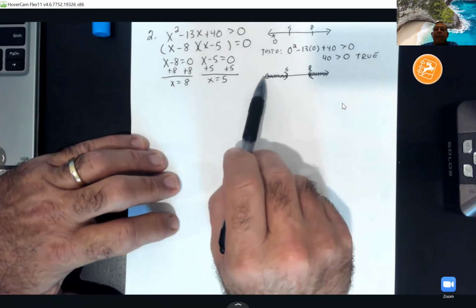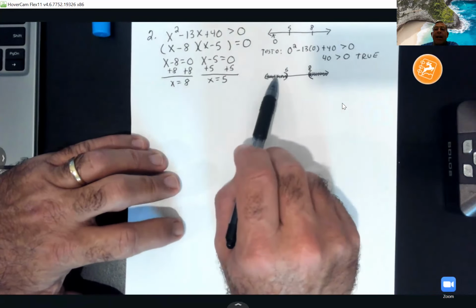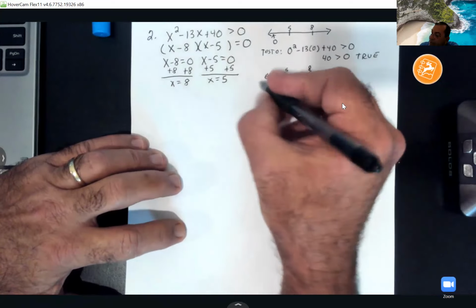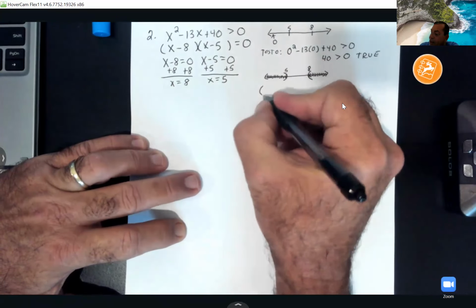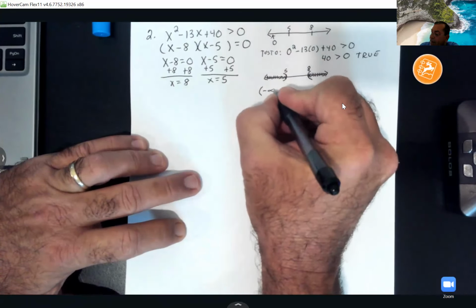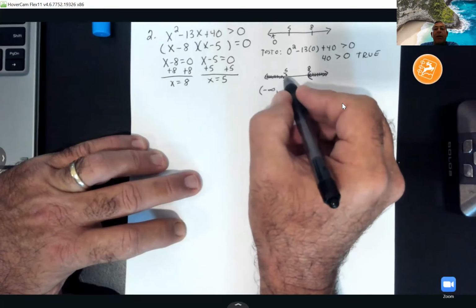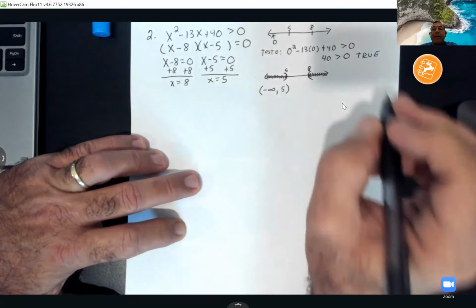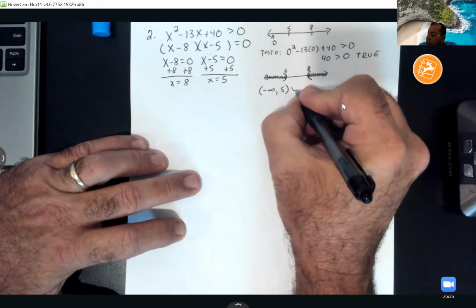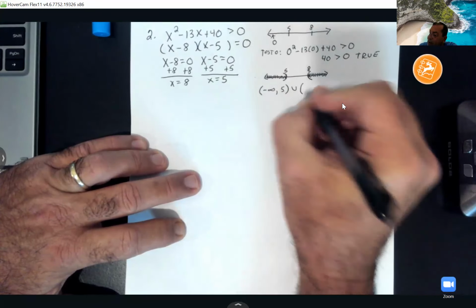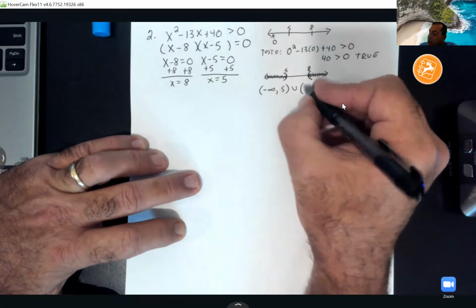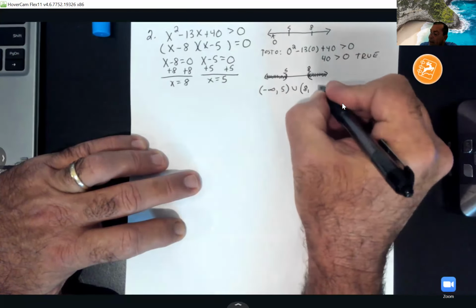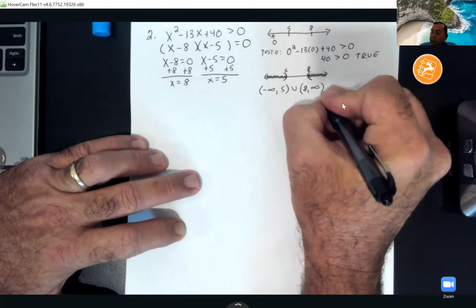So remember, when you got these ends shaded, this left side in interval notation is coming in from negative infinity until we hit that positive 5. And we got our parentheses, union, parentheses, and y'all, the right side starts at 8 and heads towards infinity.